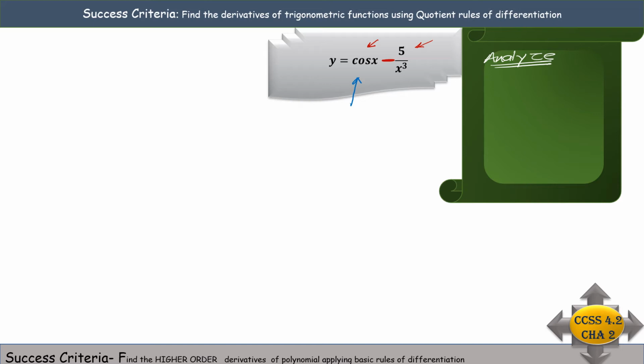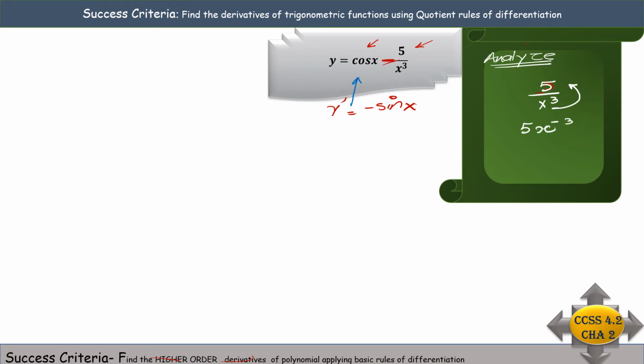So the derivative, write down here, y prime equals derivative of cos x, negative sin x. Now here 5 over x cube I am writing just to show you that I cannot take the derivative of 5 over x cube directly, because this x cube is in the denominator. I should change the position and I will get 5x to the power negative 3.